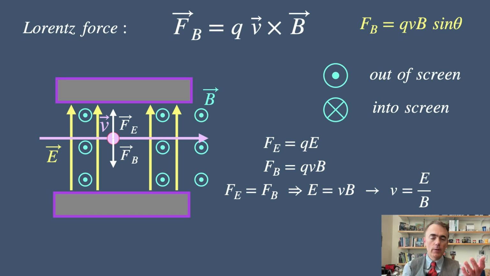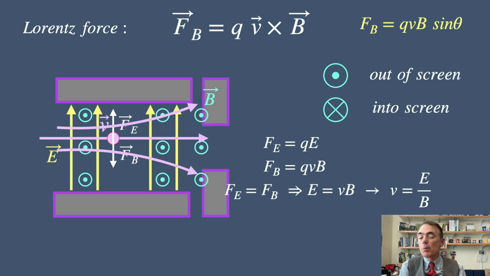Now, if they are not equal, if QE is not equal to QvB, then there will be some net force pointing one way or another, and the particles will be deflected. So only particles with the velocity v = E/B will pass straight through the device without being deflected. Particles with a different velocity will be pushed out of the path due to the net force acting on them.